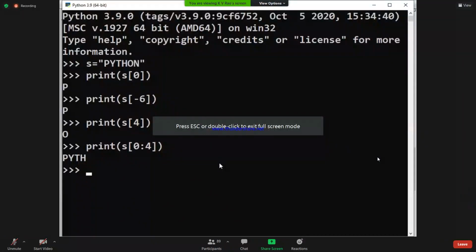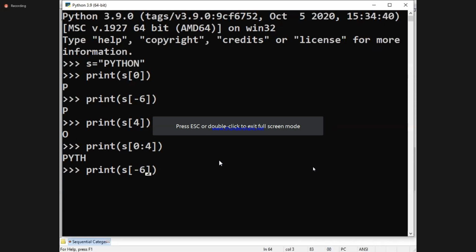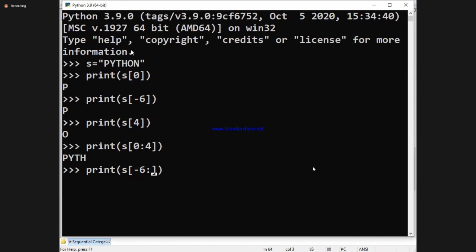Are you okay with this? So we can also get this with negative indexing, the negative slicing also. Minus 6, minus 5, minus 4, minus 3, minus 2 I need to say, right or not?